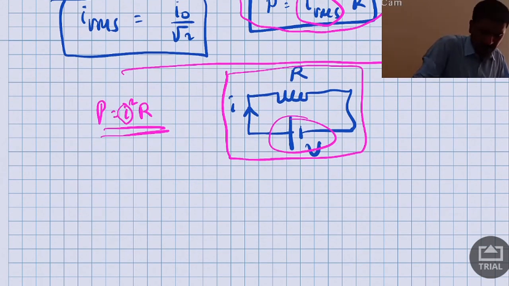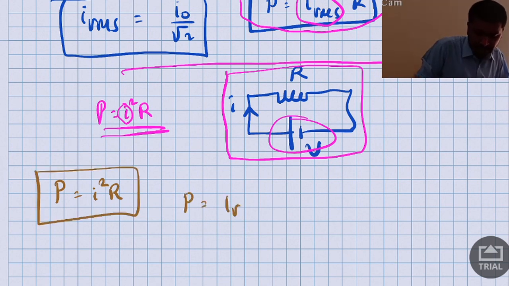So this is your power dissipation now. The power dissipation will be equal to I square R in the case of direct current, and in the case of alternating current, you get I RMS square R.